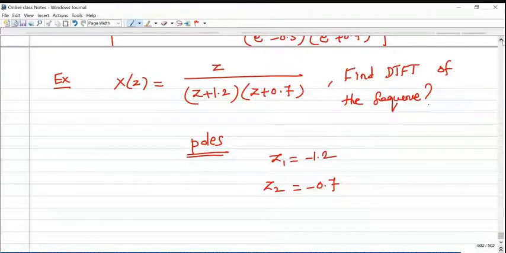What is the condition I told you? X(z) to X(e^(jω)) can be done provided all the poles of X(z) lie inside the unit circle. So here a pole lies outside the unit circle.